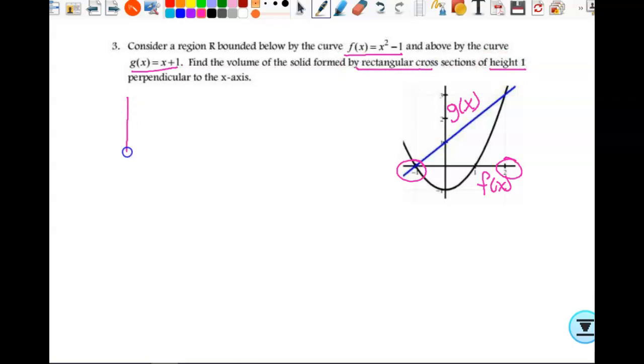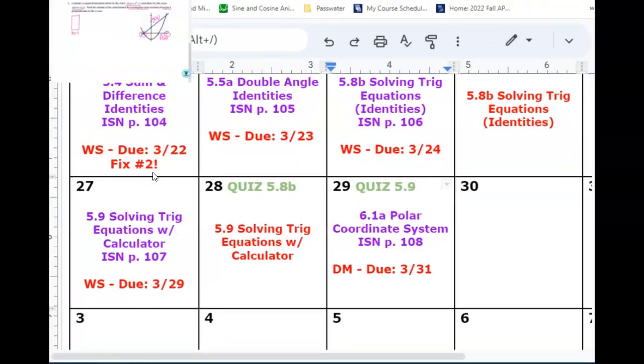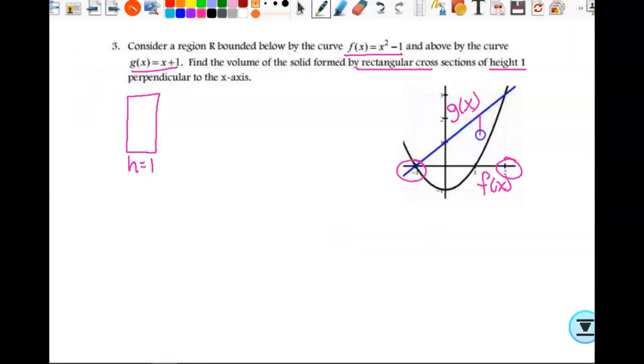So here's our rectangle, right? So I know that the height is equal to 1. They told me that. If I want to draw it in over here, it would look something like this.